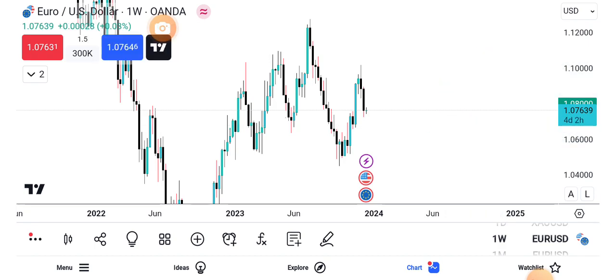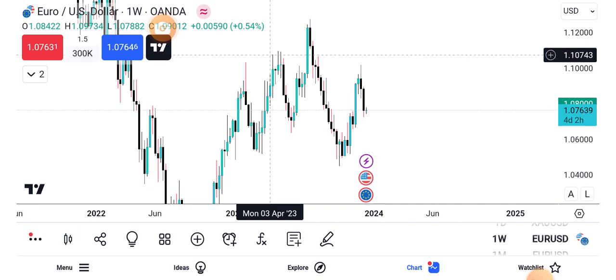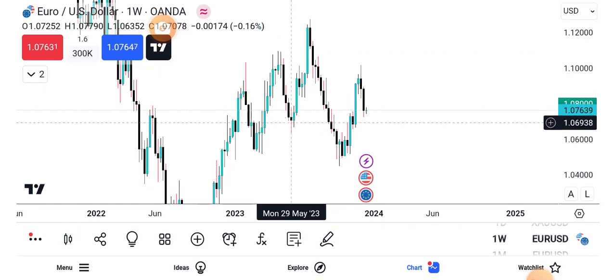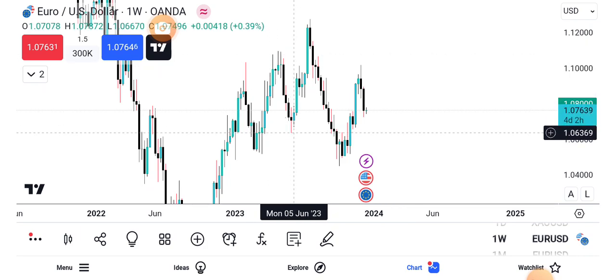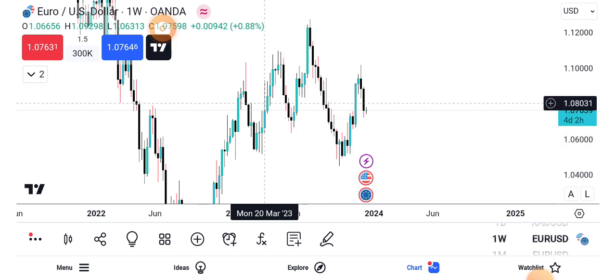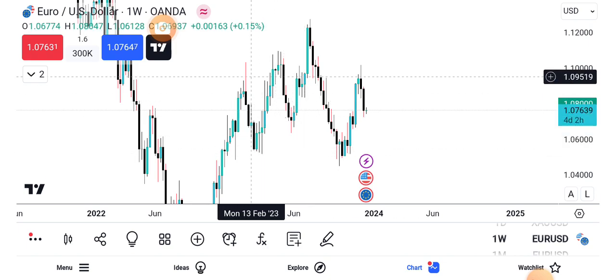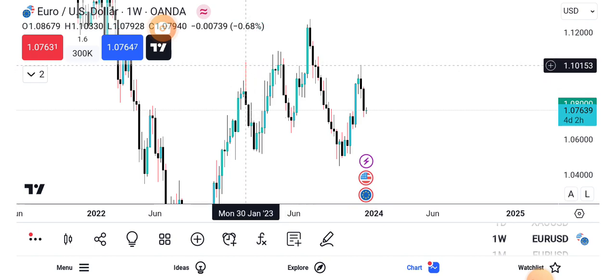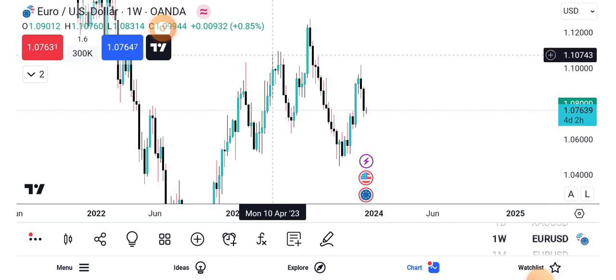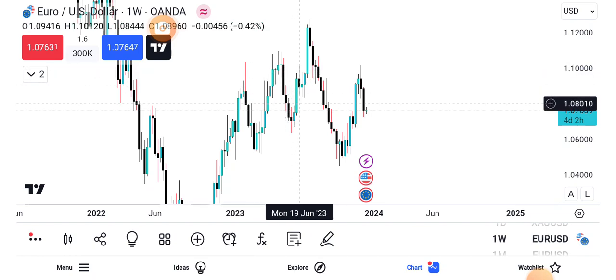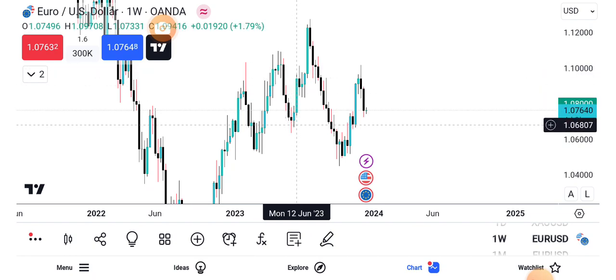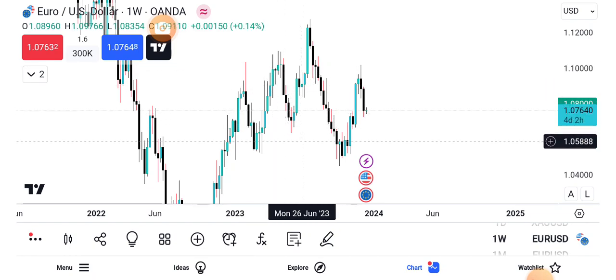Above here we have buy side liquidities resting there, below here we have sell side liquidities resting there. Once we see liquidity being grabbed, for instance the liquidity grabbed by these highs, we always have a retracement lower.